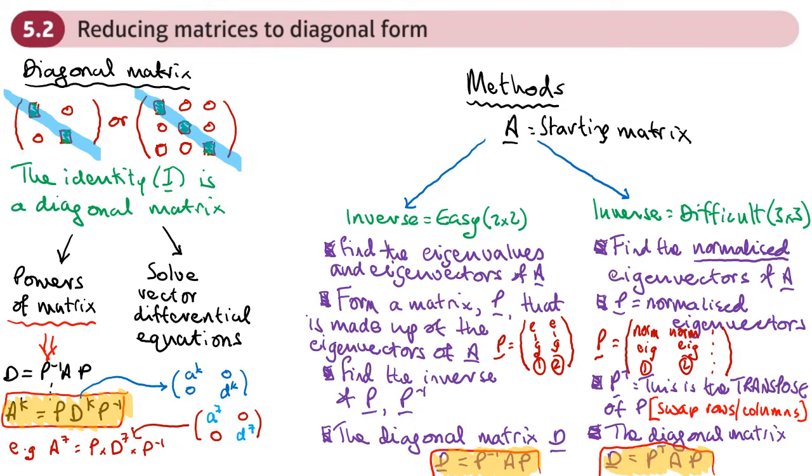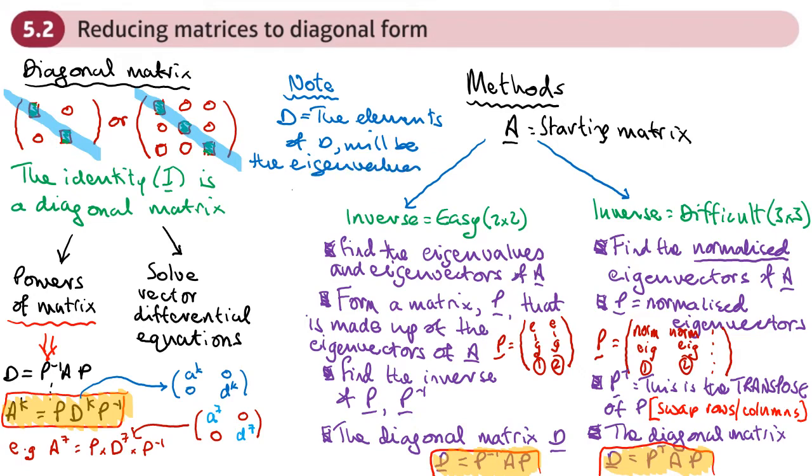Now just a little note here: once we've worked out the matrix D, if we've done it correctly, then the non-zero elements of D will be the eigenvalues of A. So that will tell us whether we've worked out this diagonal matrix correctly or not.